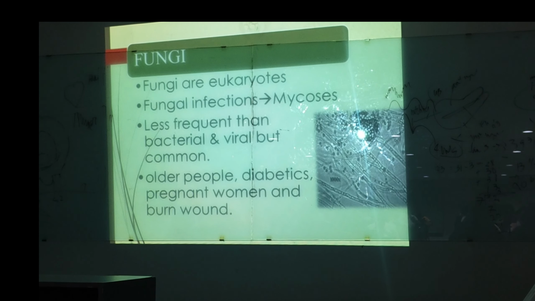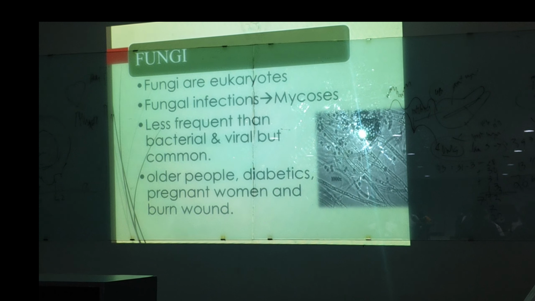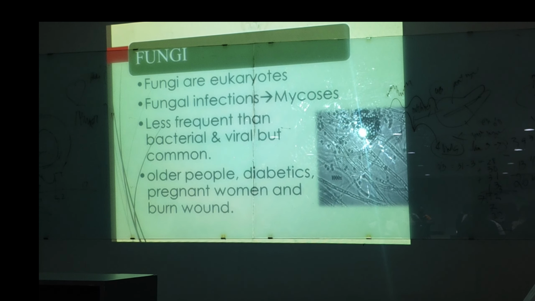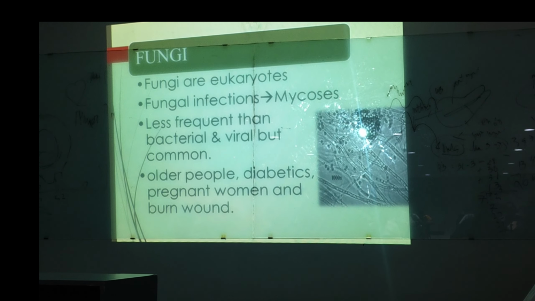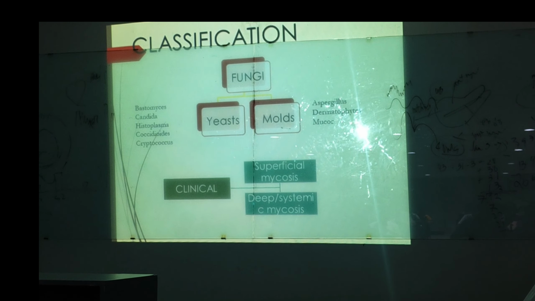So these are the elderly, the diabetics, the immunocompromised like patients with AIDS, pregnant women, and patients with burn wounds. The fungi are classified into two: they are either yeast or molds.